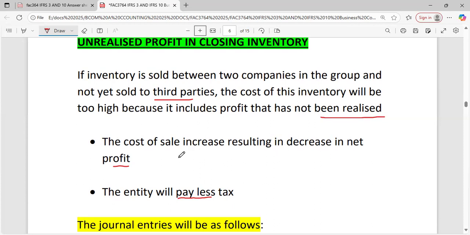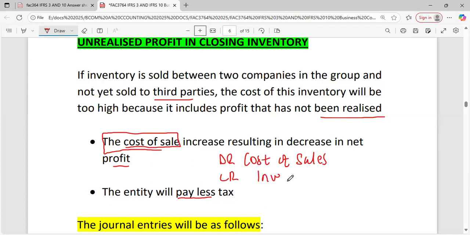What happens here when you eliminate unrealized profit in closing inventory? It means you are going to increase the cost of sale. When you increase the cost of sale, you are going to decrease profit. So your journal to eliminate the unrealized profit is: you debit cost of sale and you credit inventory.